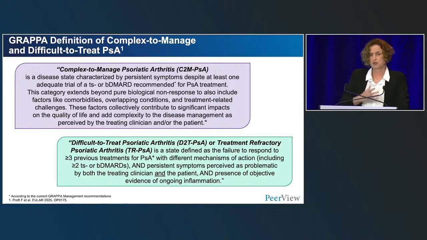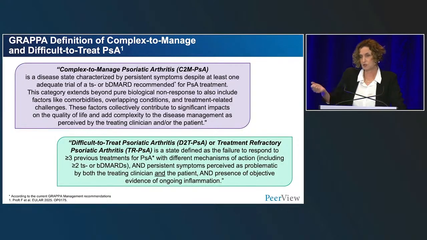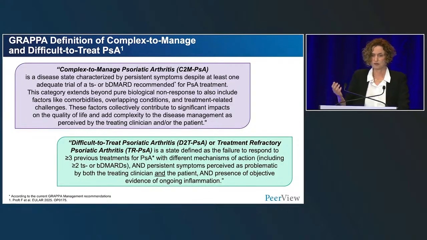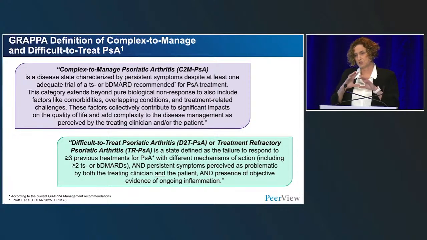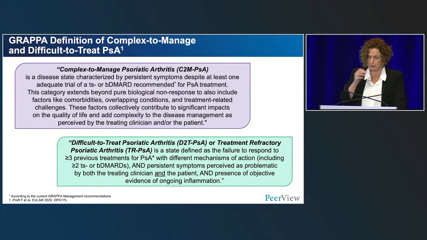This could be, for example, a swollen joint, or imaging evidence like ultrasound that shows enthesitis. So the purpose here is to really focus on those that are really failing treatment because they might have a different profile that is not covered by existing modes of action.